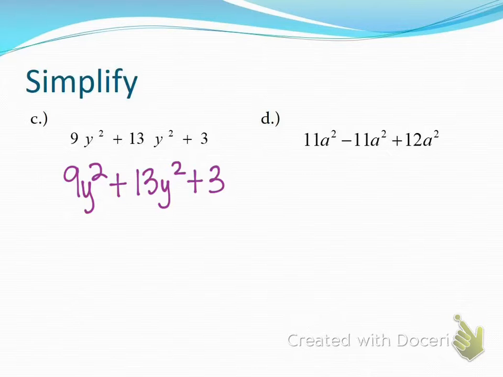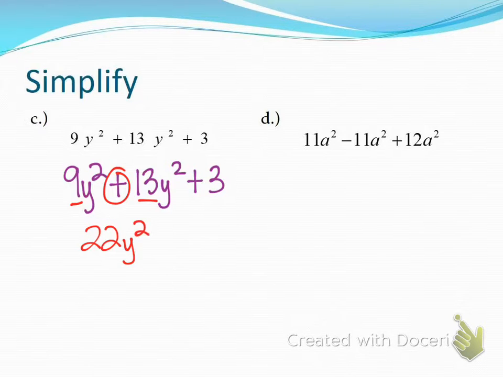On letter C, what terms there are alike? Liam? 9y2 and 13y2. Good. 9y squared and 13y squared are like because they have matching variable parts. So that means we can combine them. So really we're just taking 9 plus 13. What does that give us? 22.